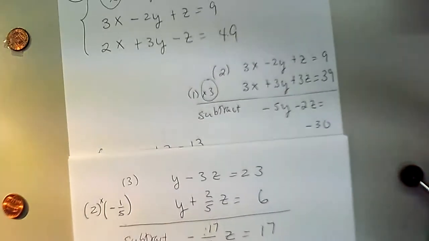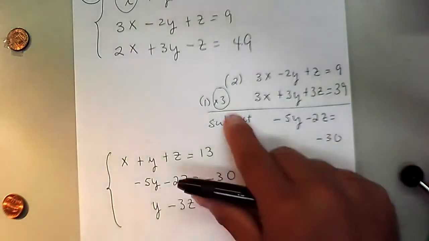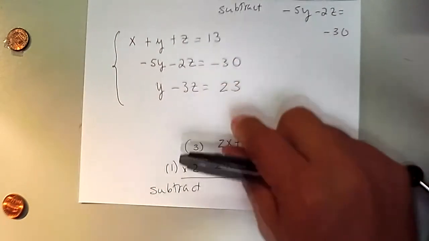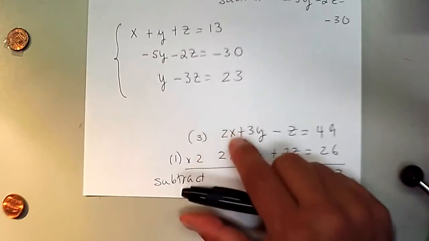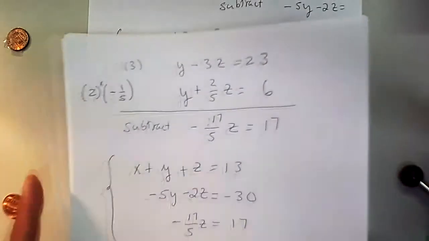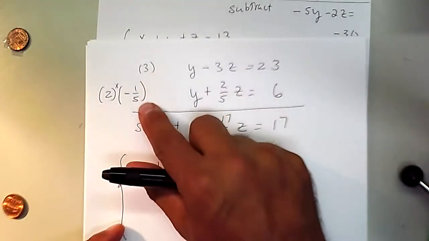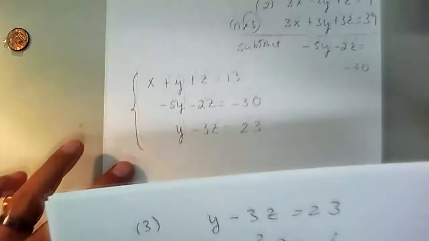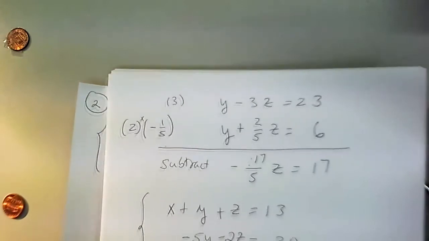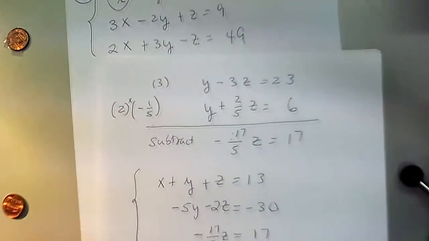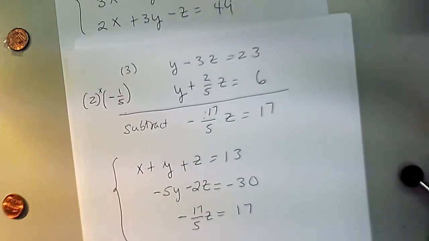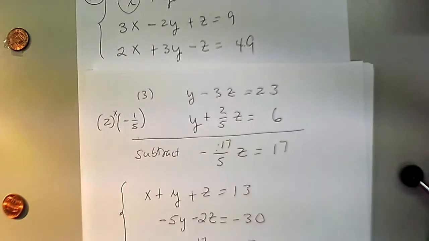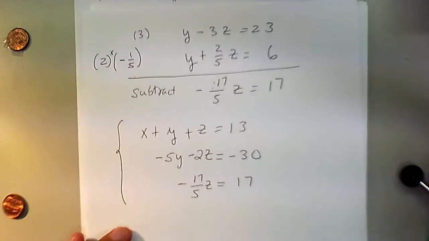It required us to multiply once and subtract, multiply twice and subtract, and multiply 3 times and subtract. So it required 3 row operations to end up with this answer.